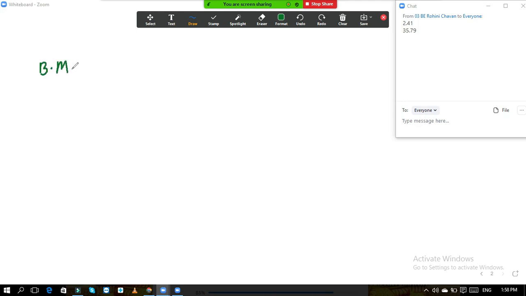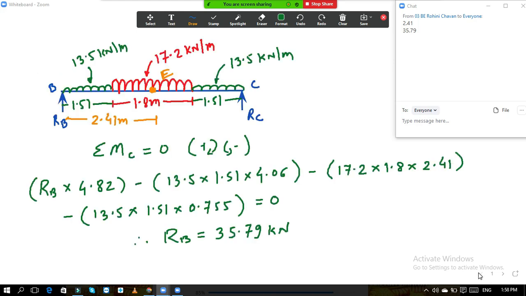So the bending moment at E is equal to. Now we will consider the equilibrium of either the left hand side or the right hand side. So we will go for the left hand side.